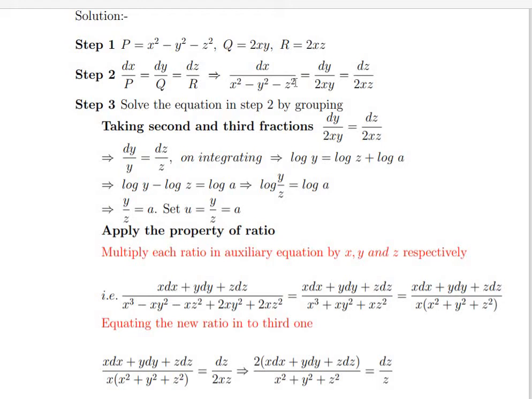We have made such a rearrangement because we know that the derivative of x square plus y square plus z square is actually 2x dx plus 2y dy plus 2z dz. So bringing that 2 in the numerator, we have made such a rearrangement, and also we have cancelled x from the two sides of the equation. So the equation got simplified as 2 times x dx plus y dy plus z dz by x square plus y square plus z square equal to dz by z.